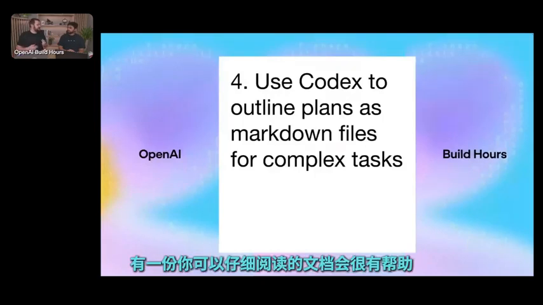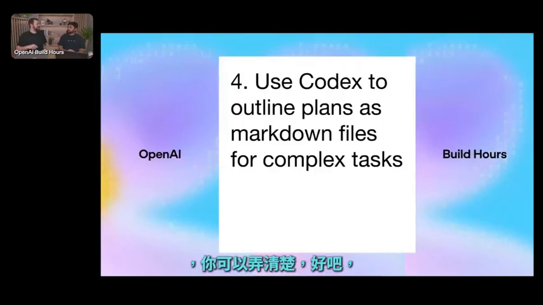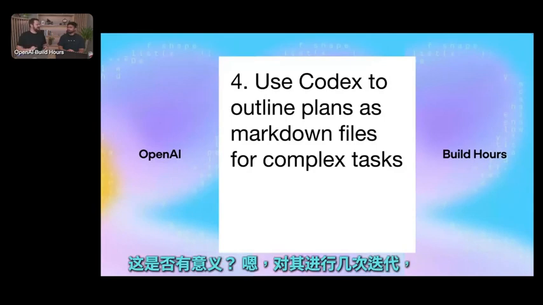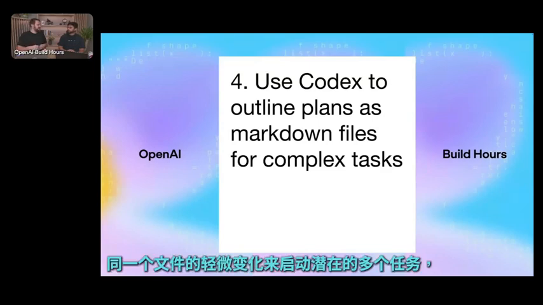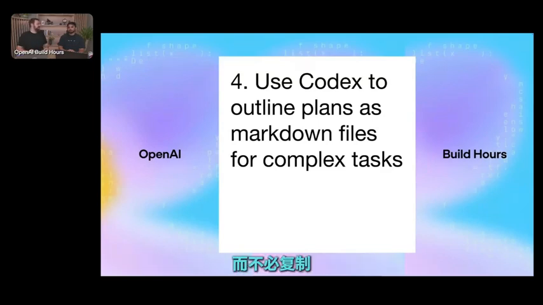It's helpful to have a document where you can go through it, figure out whether it makes sense, and iterate on it a couple of times, not necessarily in the chat. Having an artifact means you could kick off potentially multiple tasks with slight variations of the same file rather than having to copy and paste things a lot.